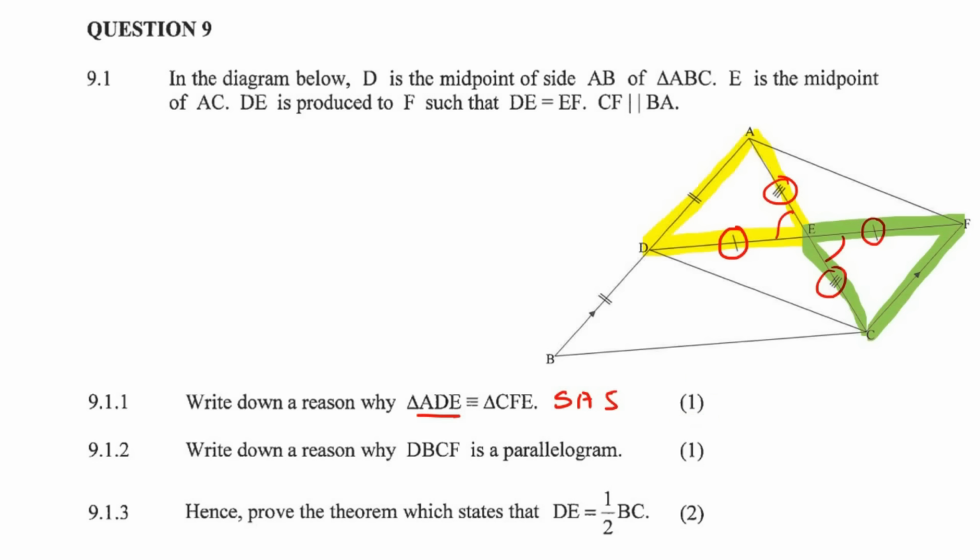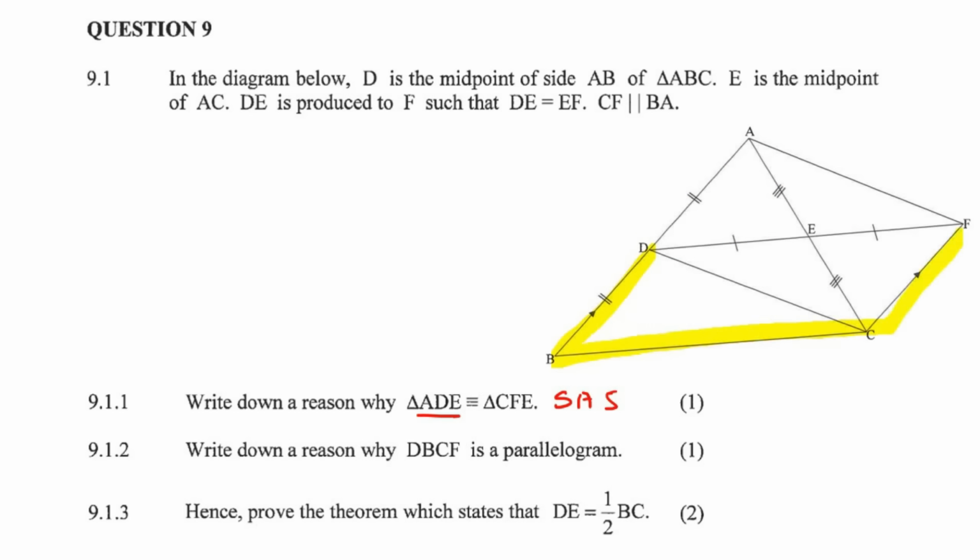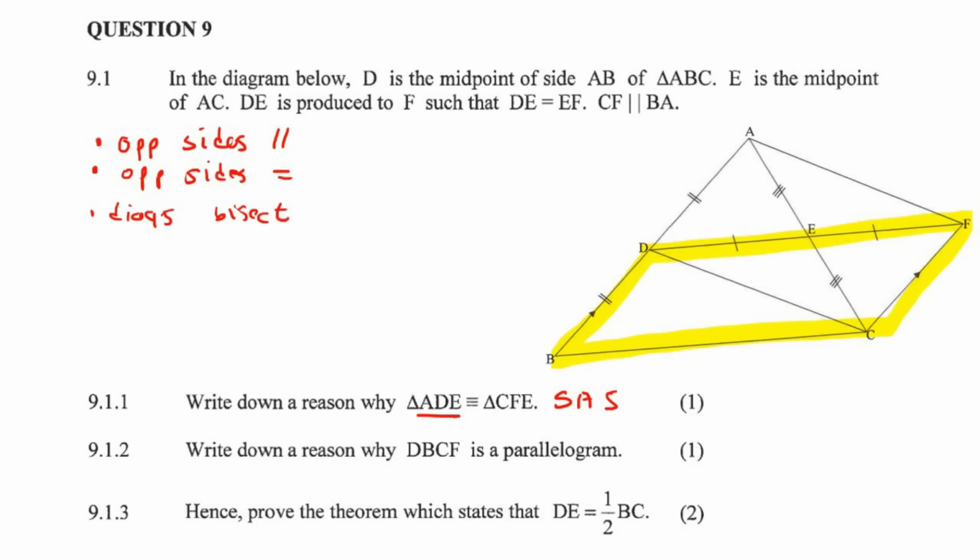The next one, write down a reason why DBCF is a parallelogram. Cool, we know that something is a parallelogram if there are 5 different reasons. So opposite sides parallel, that's one reason. Another one is opposite sides are equal. The next one is diagonals bisect. The next one is opposite angles are equal.